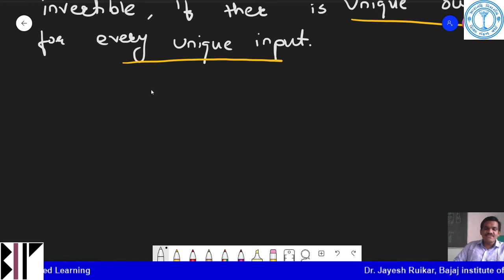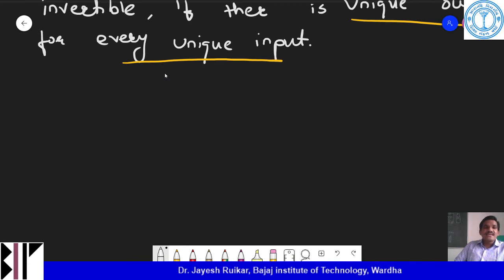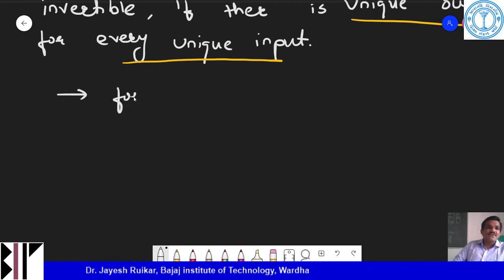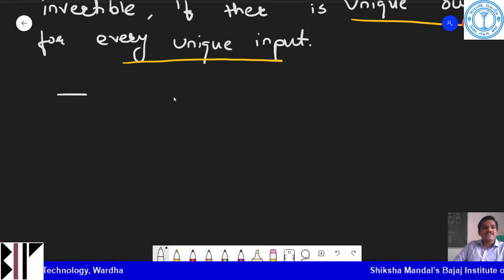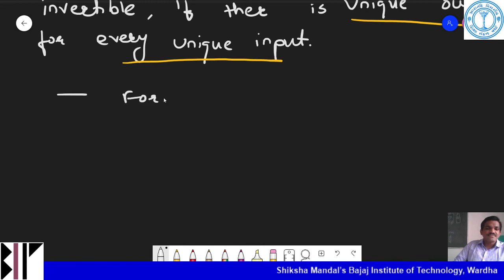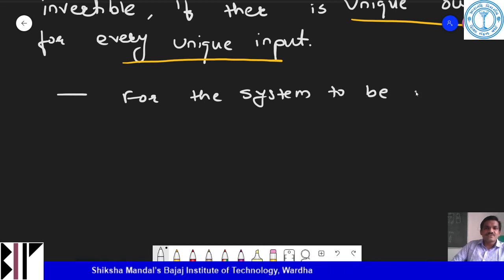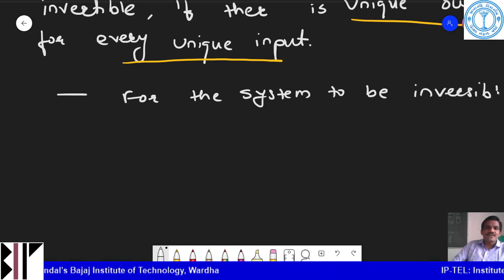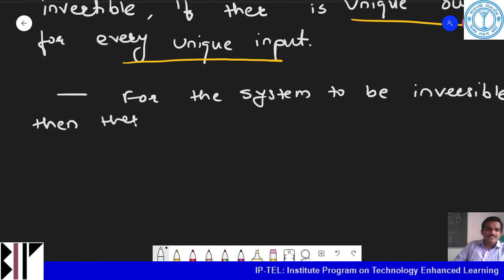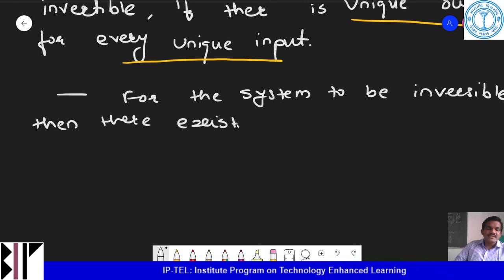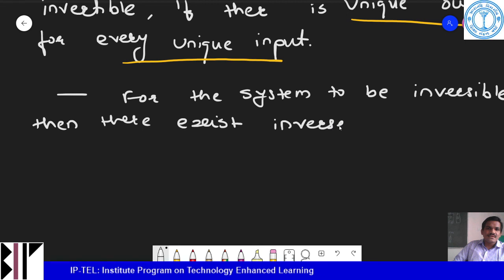If the system is invertible, or you can say inversible, then there must exist an inverse system. I will write it in that way. For the system to be invertible, there exists an inverse system.